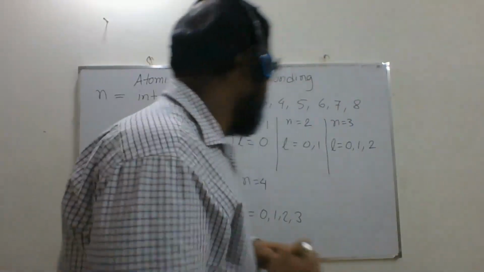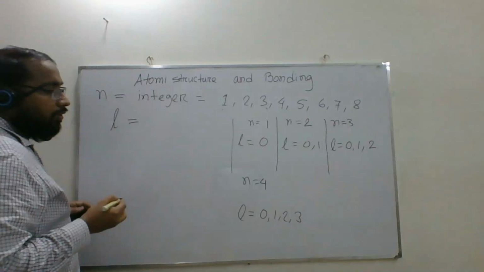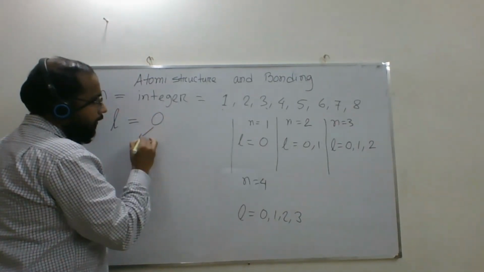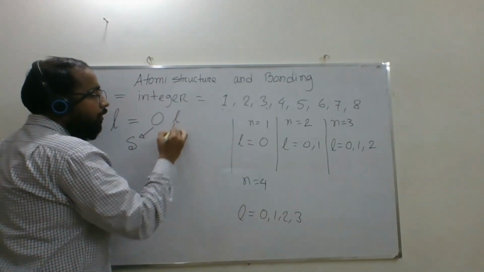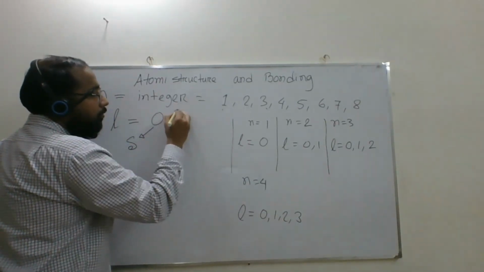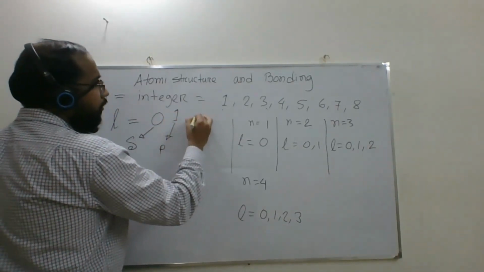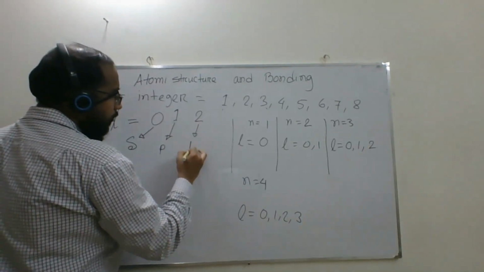So L also determines the orbital. So what is the orbital? If L equal to 0, then we say this is an s orbital. If L equal to 1, then we say this is a p orbital. If L equal to 2, then we say it is a d orbital.